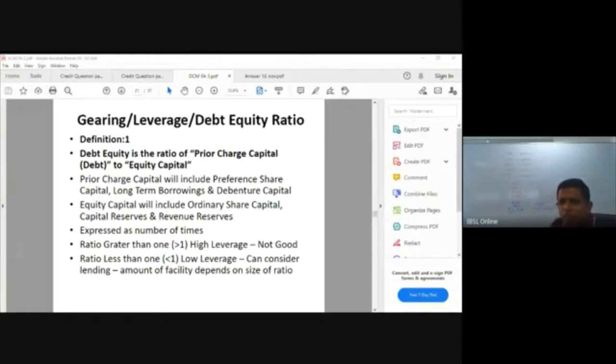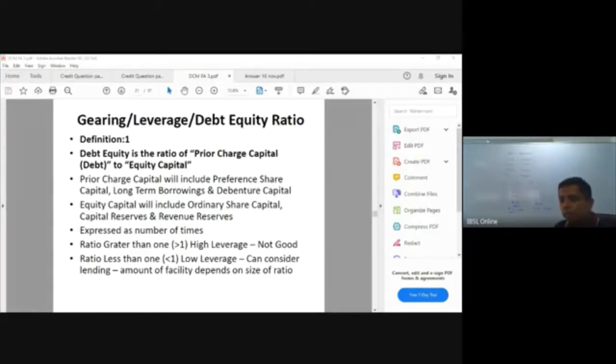So, can you explain what are the main components in the short-term debt capital? Short-term, in the sense you have to take the current liabilities. Under current liabilities, you have to take only the items that you can take as debt. For example, here I have given the overdraft and the short-term borrowings.